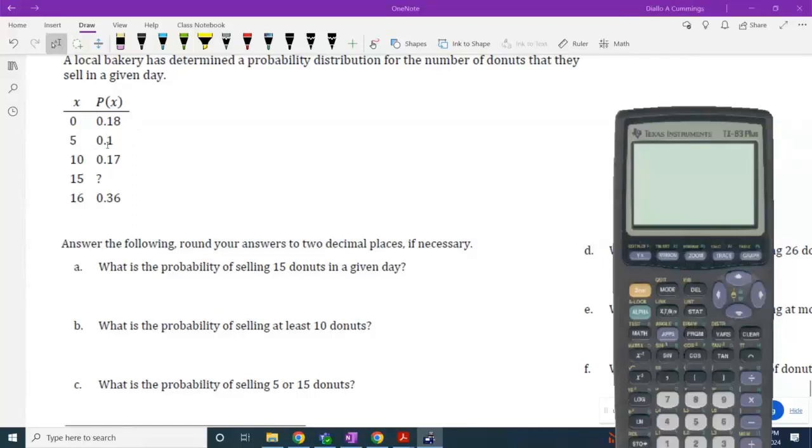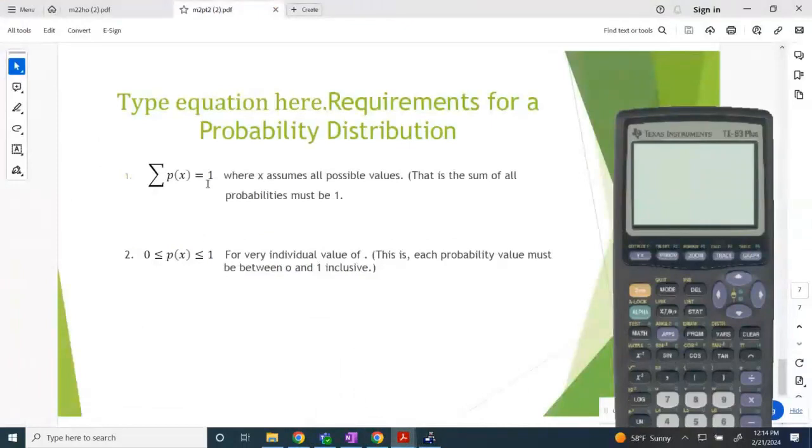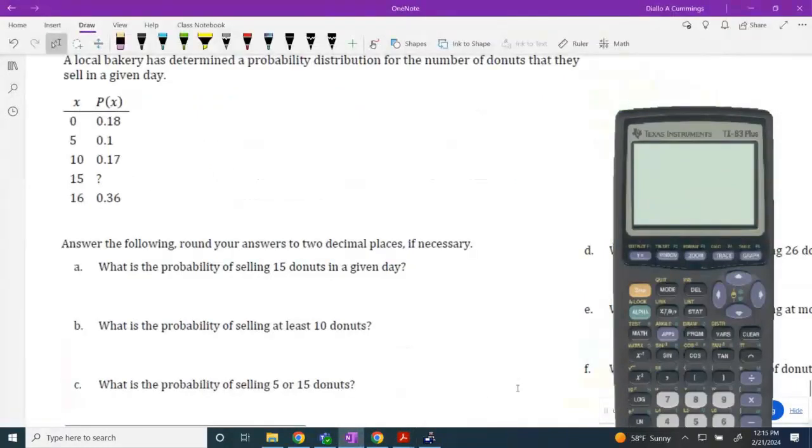I could add up all of these known probabilities and just subtract from 1, because the requirements tell us that all of these probabilities must add to 1. So this is how we're going to write that out. This is going to equal 1 minus all of these other probabilities added together.